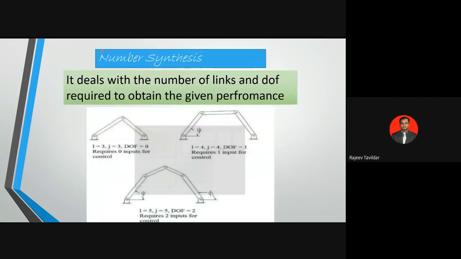The second category is number synthesis. Here again, for a given required performance, one has to understand how many links are required and what the degree of freedom should be to obtain the given performance. Like we had solved a one degree of freedom problem, if you remember, of the Scissor mechanism.